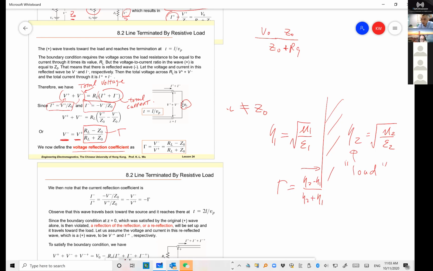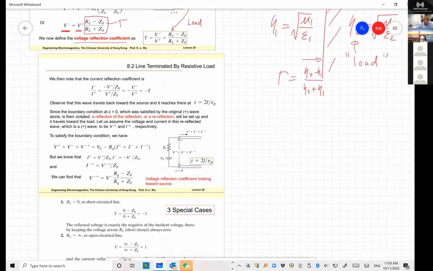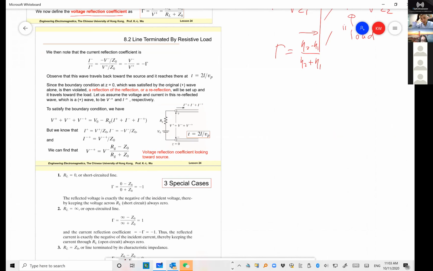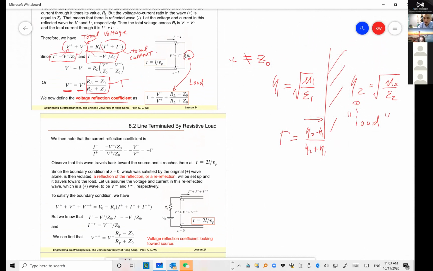Now in the circuit, the load minus itself divided by load plus itself is the reflection coefficient, the same as for plane waves. That is the reflection coefficient for voltage, which is the same as for the electric field.